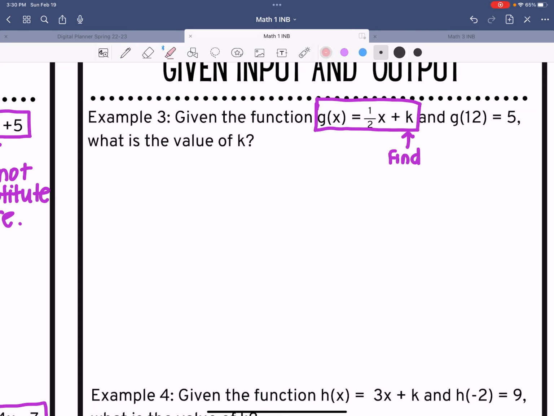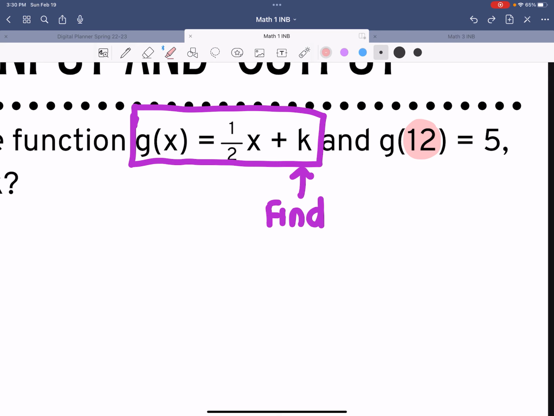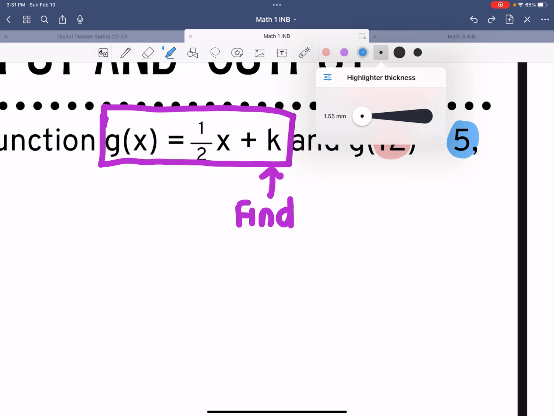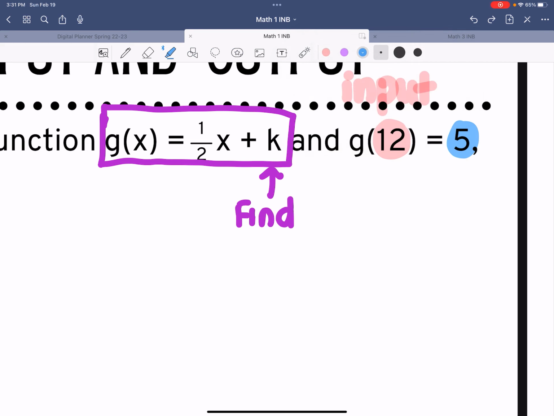So they're going to give us the input. How do I know it's the input? Because it's in the parentheses. And they're going to give us our output here. So how do we deal with that?